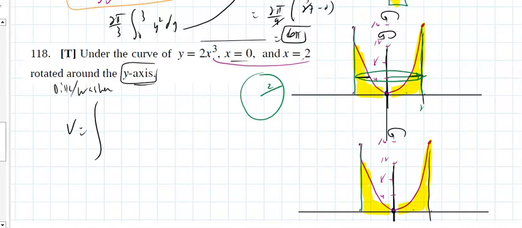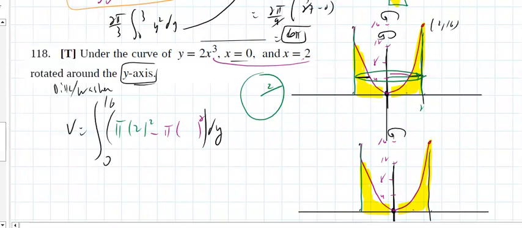So volume equals, since I went sideways, that's dy. And it's going to run from y equals 0 to y equal 16. And it's going to be pi times x equal 2 squared minus pi times, and do we see that the hollow part is right there?